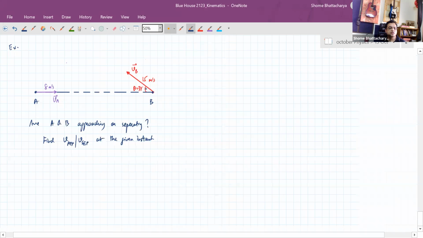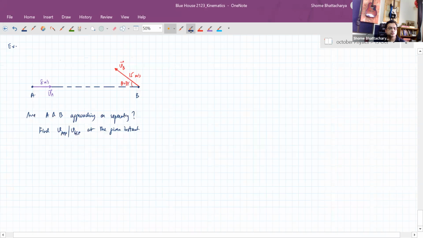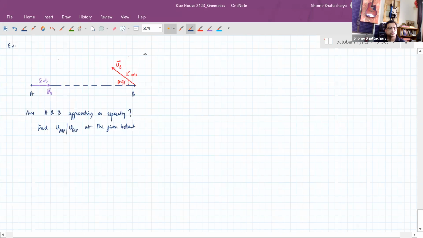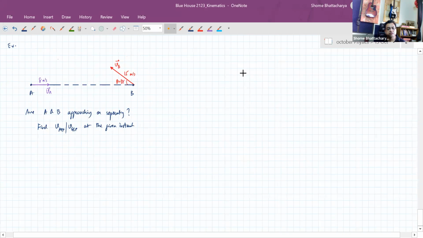So what we have to understand in this kind of situation is that suppose we take a designated coordinate system where A is lying at our origin of the coordinate system at time t, which is shown, moving with a velocity of 8 meters per second like this.